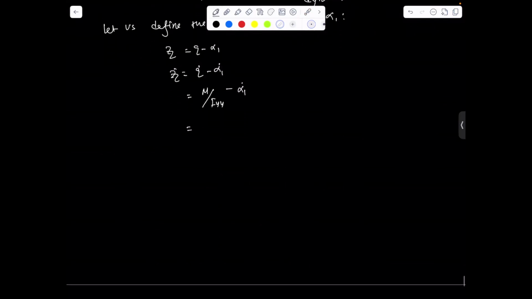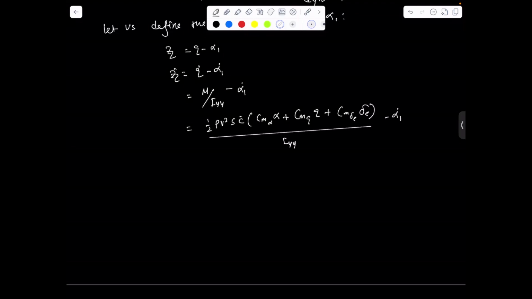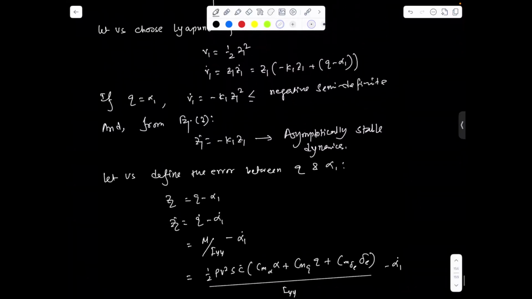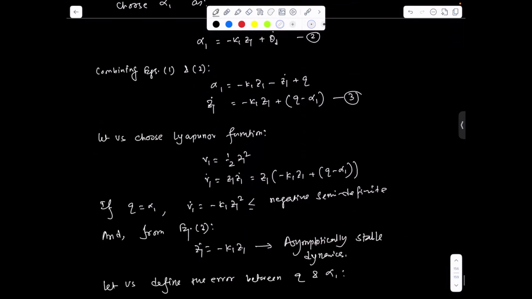And in place of M, we can also write half rho V squared S c bar times Cm alpha plus Cm q plus Cm delta E, divided by Iy, minus alpha 1 dot. Let us define this as equation number 4.